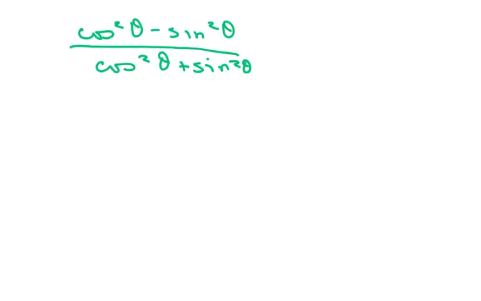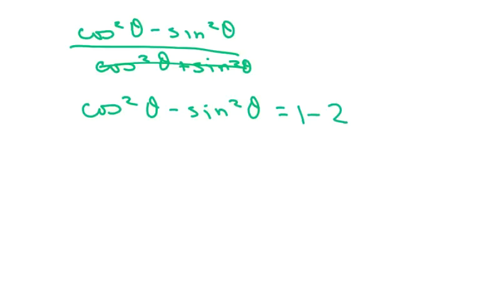And then what happens is this is 1, so we're left with just cosine squared of theta minus sine squared of theta. Again, this is supposed to equal 1 minus 2 sine squared of theta. So to make it look like that, I'm going to write cosine squared of theta minus sine squared of theta.